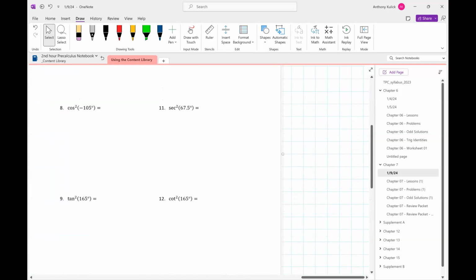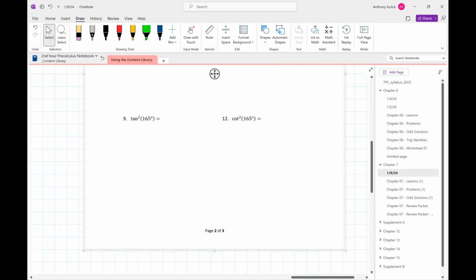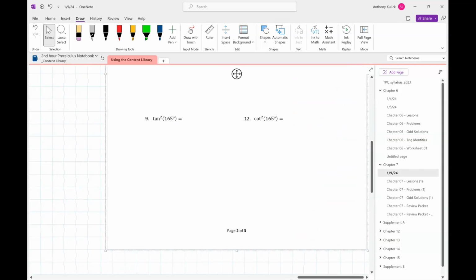And this is using the power reducing formulas. Here, there's nothing that I need to do to rewrite the angle in any kind of way, other than maybe converting a radian to a degree if I feel like it. So I'm just going straight to power reducing number 3.